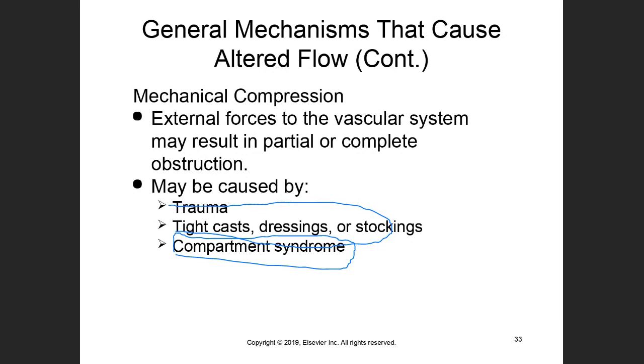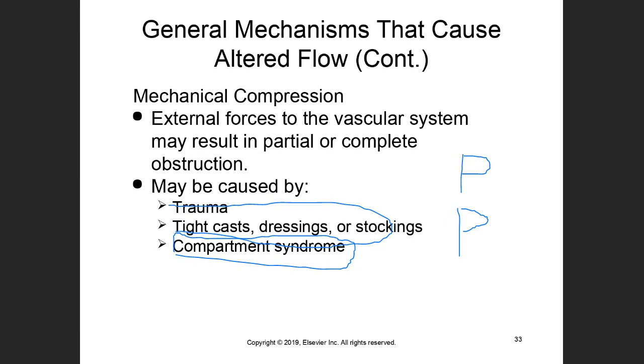So when you put a cast right here, if the patient develops the P signs, all the P's, it's like 6P: pallor, the extremity becomes pale, pain, paresthesia.